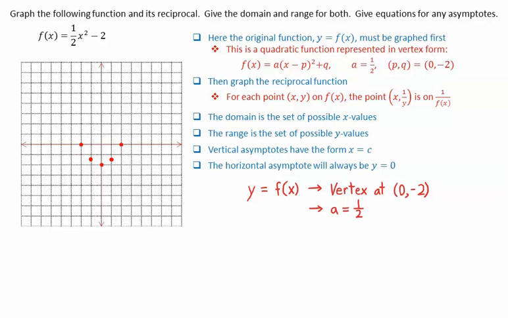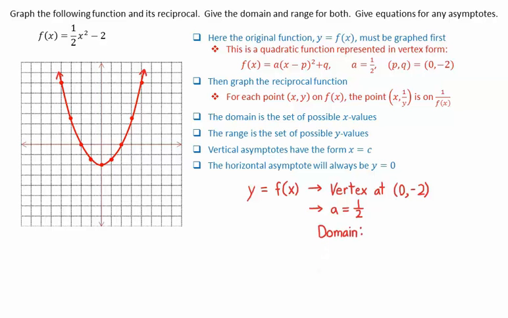From the vertex, if we go over 2, we would go up 2. Over 3 from the vertex, we go up 4.5. And finally, going over 4 from the vertex, we would go up 8. We then have our original function.